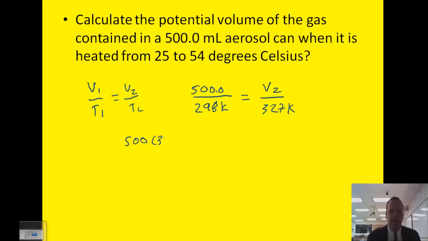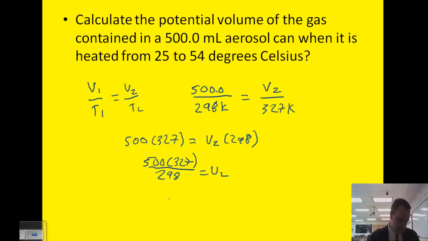Cross multiply, 500 times 327 equals V2 times 298. So 500 times 327 divided by 298 equals V2. Do the math.